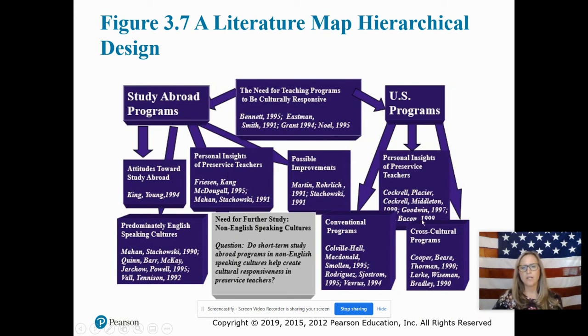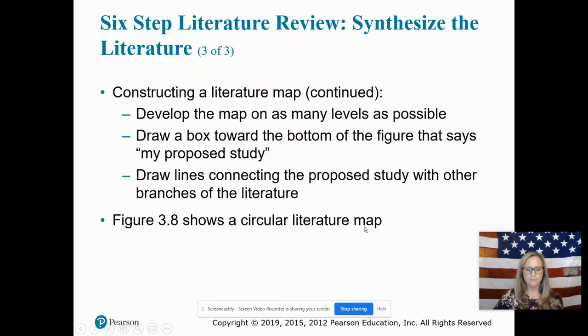So you can quickly see which articles fall under each theme for the different topics for your research study. It's a hierarchical type of mapping. It starts at the top and then gets more descriptive as it goes down, so it's like a top-down model.